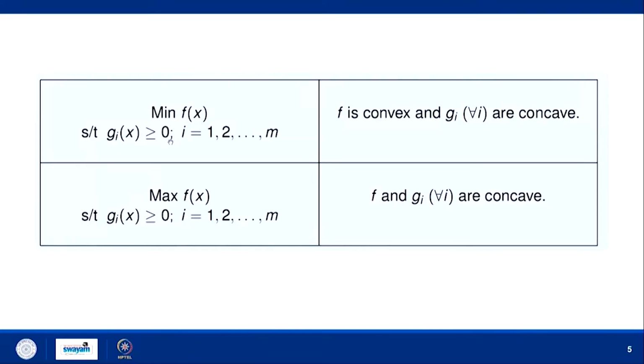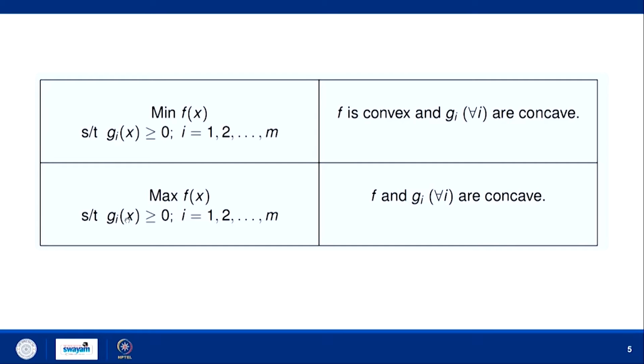Now, if it is minimization of f(x) subject to g_i greater than or equal to 0 for all i, then this particular problem is called a convex programming problem if the objective function f is convex and all g_i are concave, because the inequality is reversed here. And the last one, maximizing f(x) subject to g_i(x) greater than or equal to 0 for all i, is called a convex programming problem if f is concave and g_i for all i are again concave.